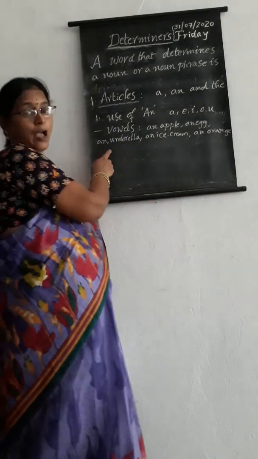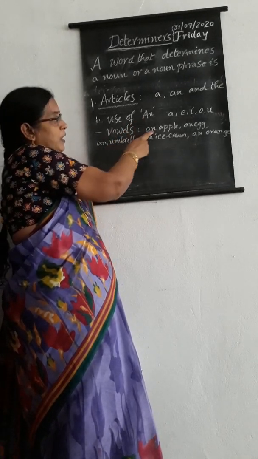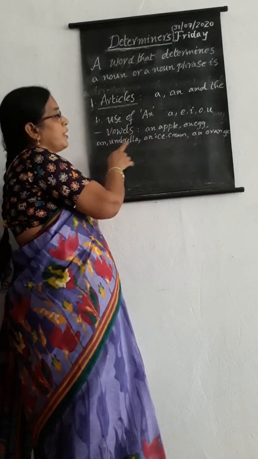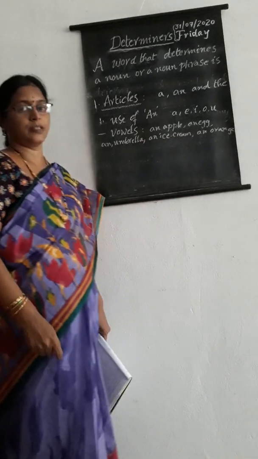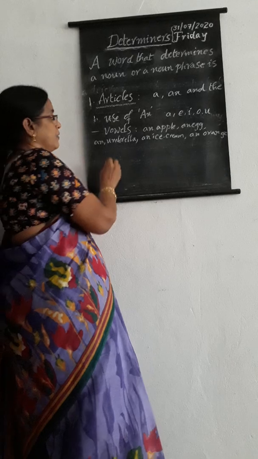Before vowels we have to use the indefinite article an. An apple, an egg, an umbrella, an ice cream, an orange. We have to use the indefinite article an.